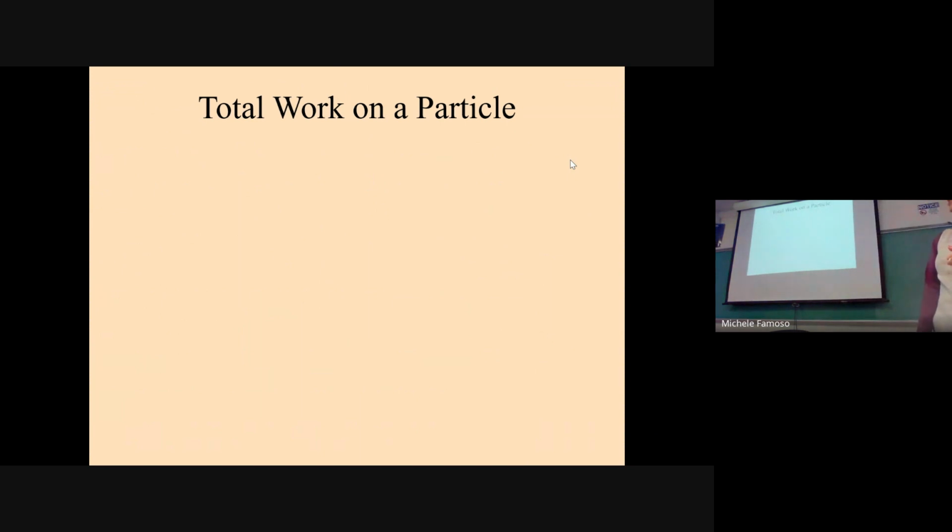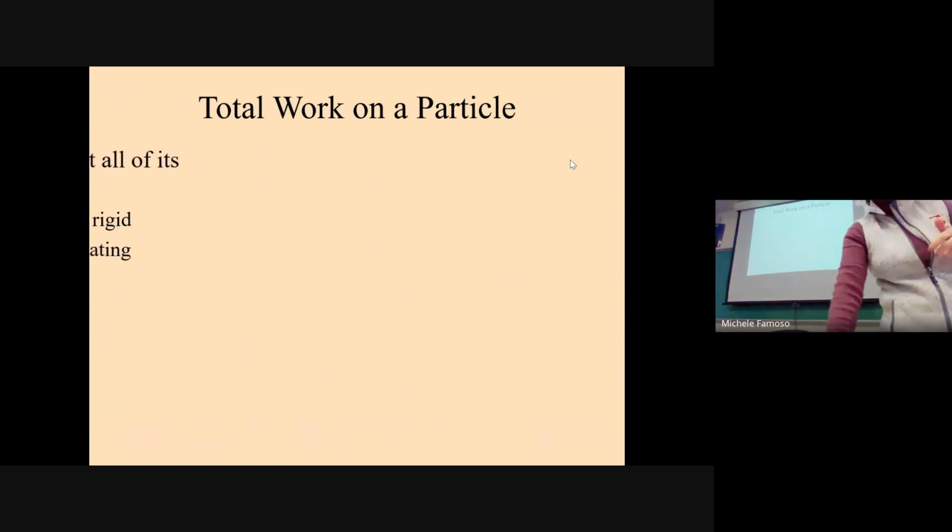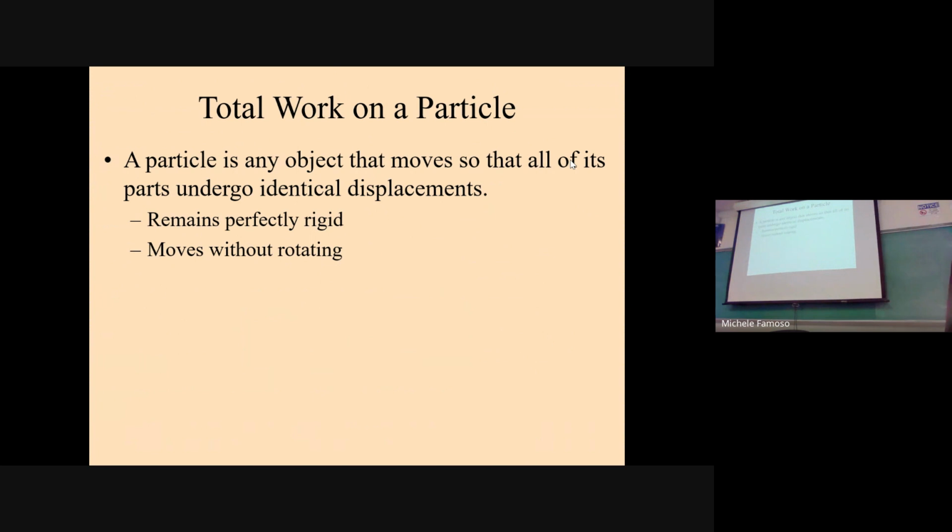So let's now talk about the total work done on a particle. First of all, what do we mean by a particle? We discussed this when we talked about projectile motion. We're dealing with objects that are perfectly rigid, non-rotating, which means that all of the parts of this object have identical displacements.